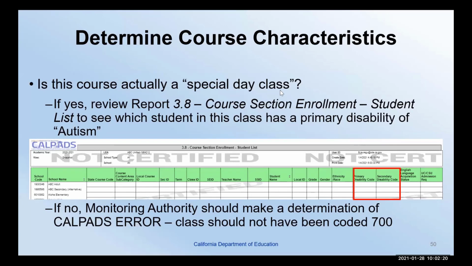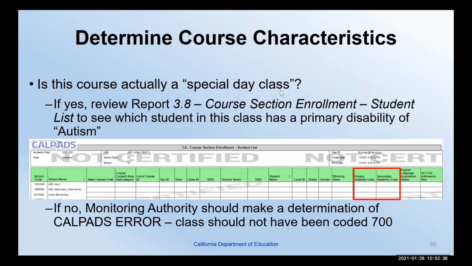If it is actually a special day class, then beginning this year, you want to review report 3.8, which is the course section enrollment student list, to see which of the students in that particular class has a primary disability of autism.